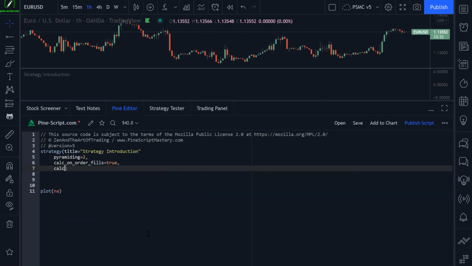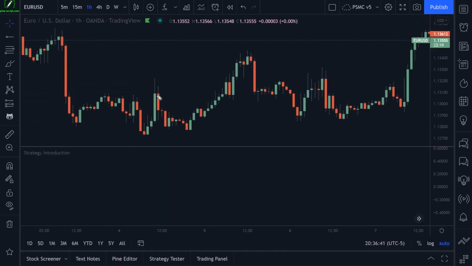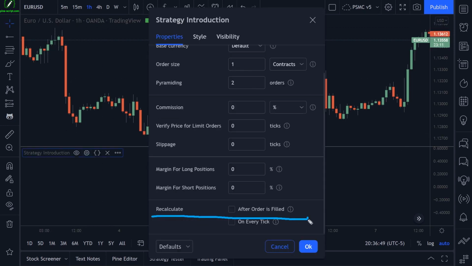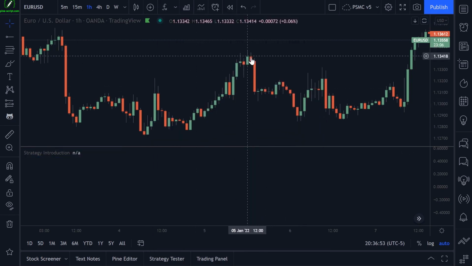So by default, the strategy scripts do not recalculate on every tick, every price tick. Now this only applies to real-time bars. So on historical bars, the script will only execute once per bar, unless you turn recalculate after order is filled on, then it will calculate twice per bar, only on those bars where an order is filled.